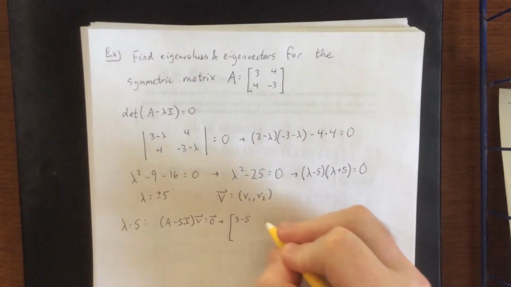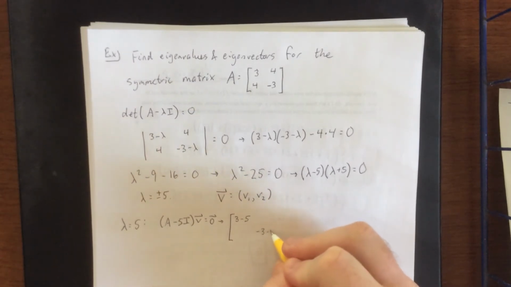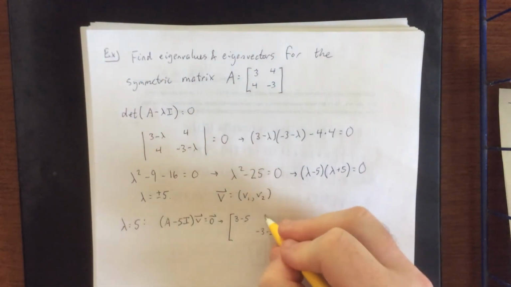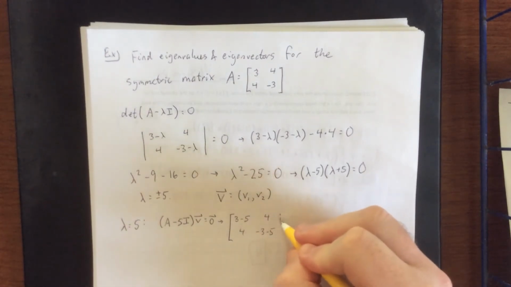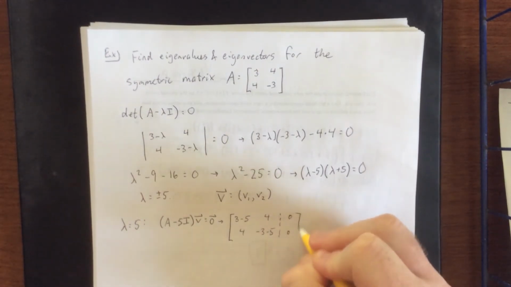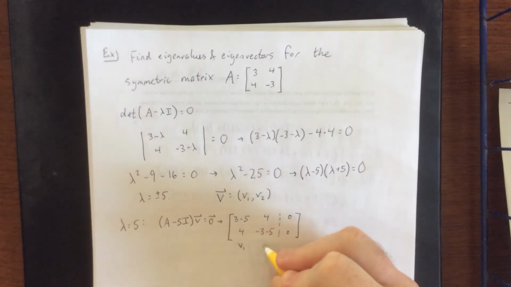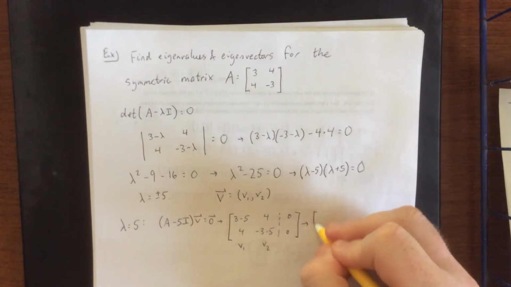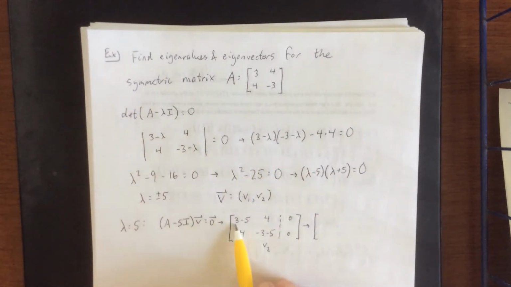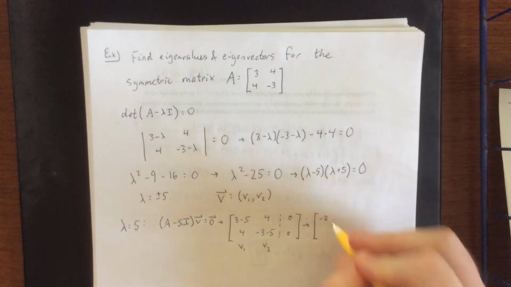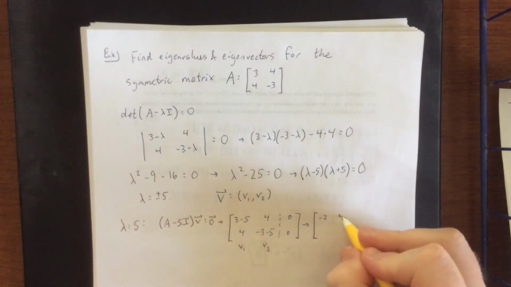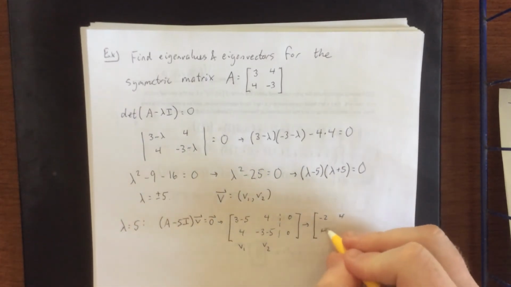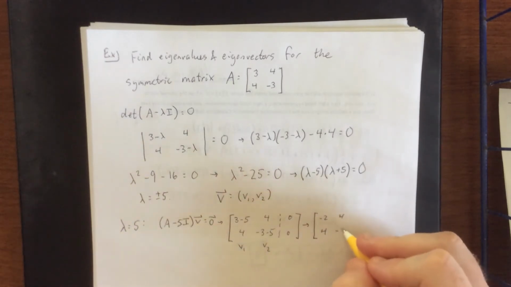So 3 minus 5 and negative 3 minus 5. The 4's stay the same, and we augment with the 0 vector. First column represents coefficients of V1, and second column represents coefficients of V2. If I simplify what's inside here, this will be negative 2, 4, 4, and negative 8.